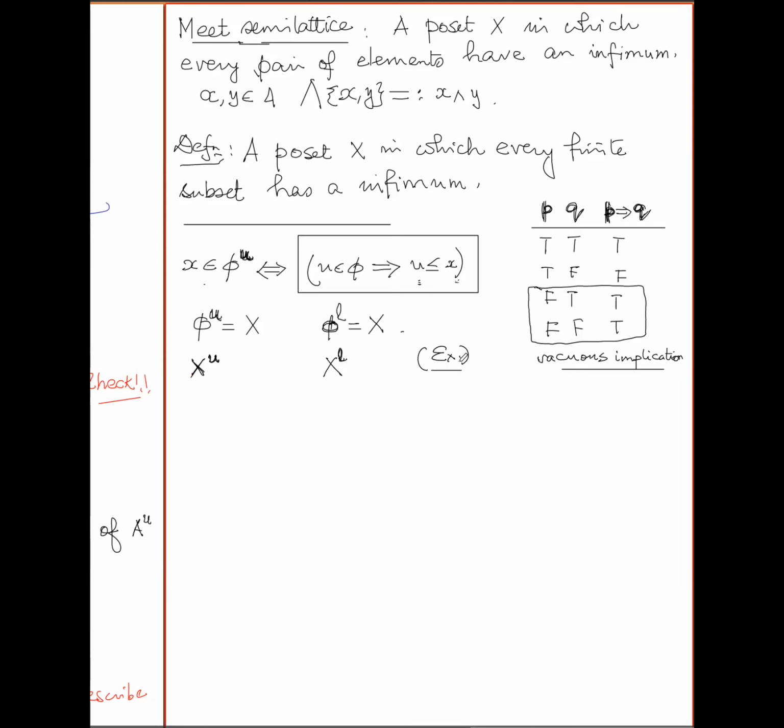Now, the question is if the supremum or the infimum of this exists. So the supremum of this exists if and only if this has the smallest element.